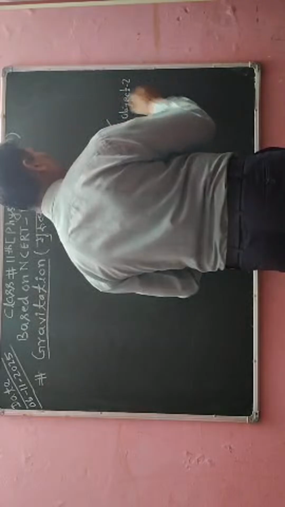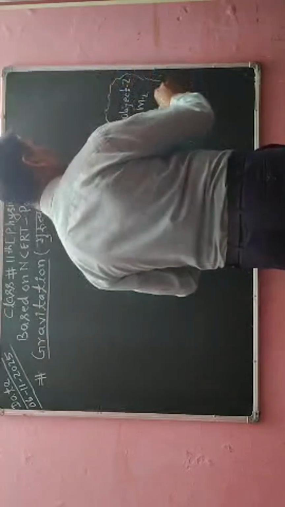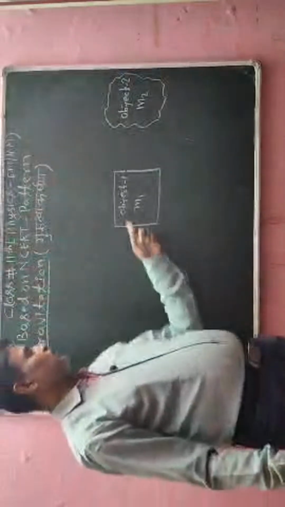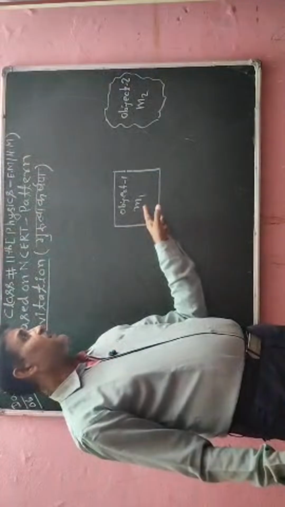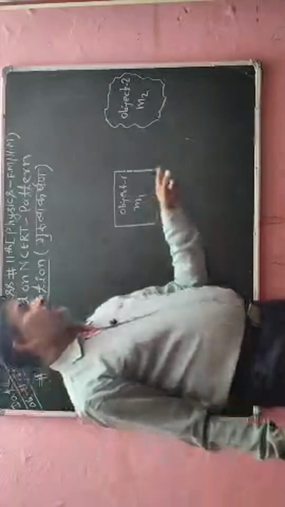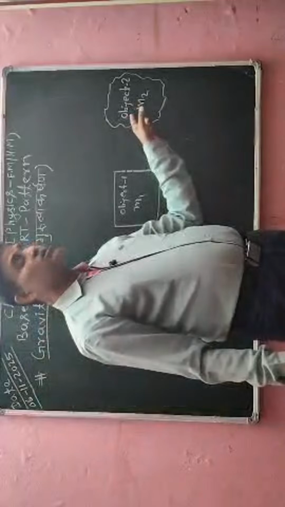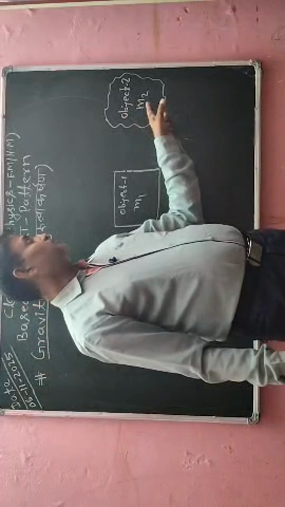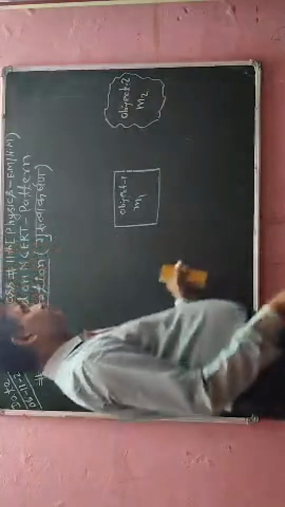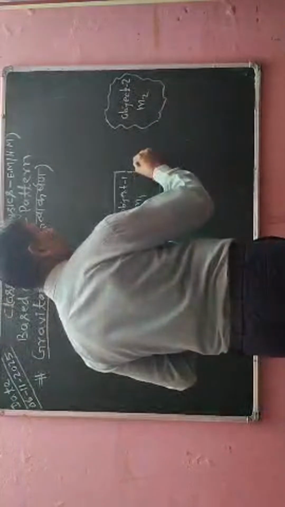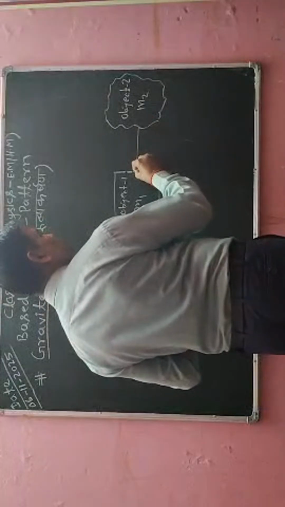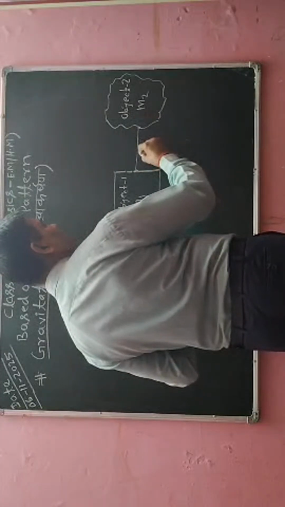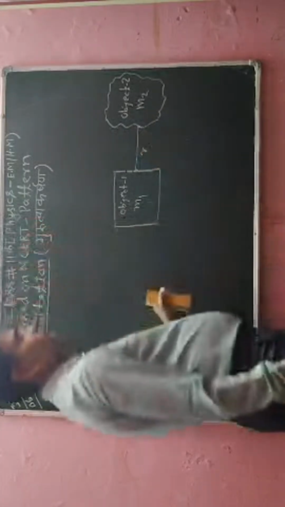So I have taken here two objects. One object whose name is object 1 and it has mass m1. Similarly, another object I have taken, object 2, and its mass is m2. Now I will join these two objects. After joining, the distance between the two objects I am considering here as r.